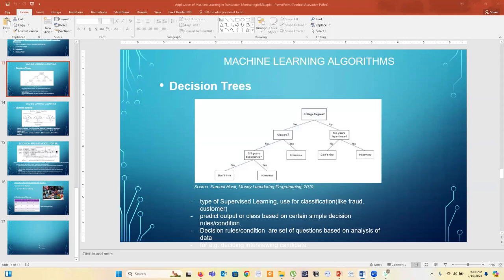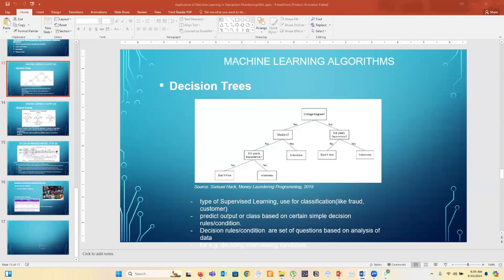So we are classifying which transactions are suspicious and which are not suspicious, right? So how does this algorithm do such classification? It will predict output based on certain rules and questions by analyzing the data set.